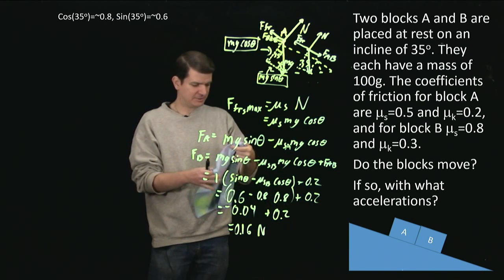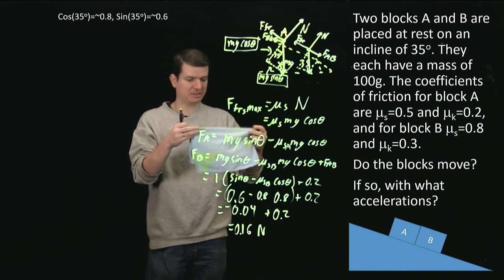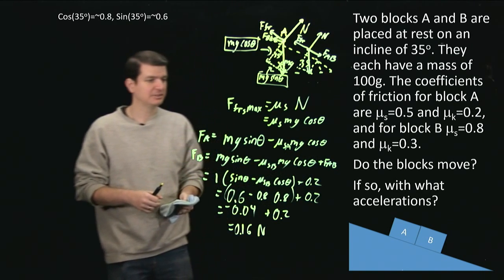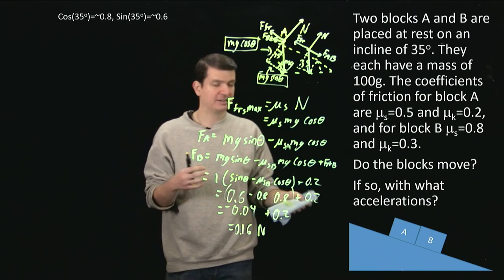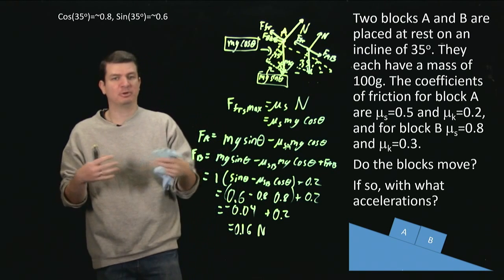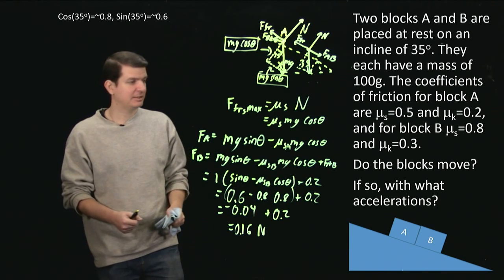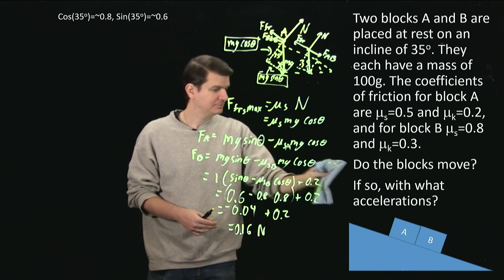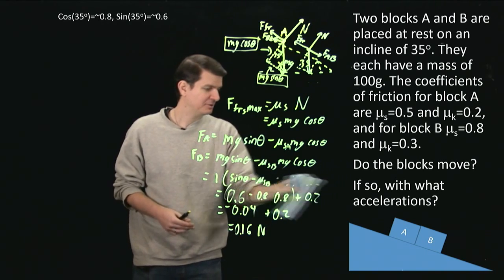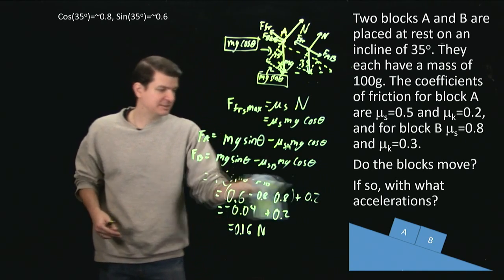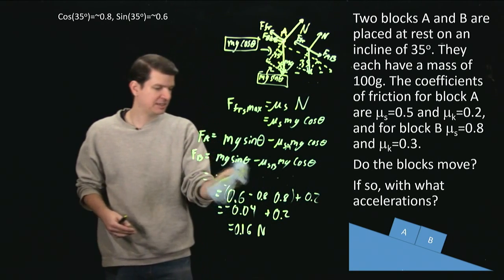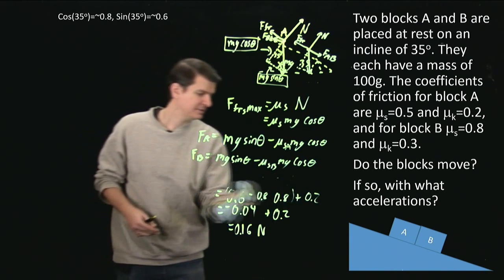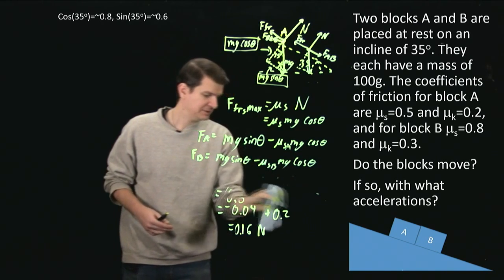So in order to ask what's happening, again, we're going to start off by saying, let's pretend that the blocks are acting independently. Let's find out what they want to slide with, and then we'll adjust if necessary. So acting alone, the forces are those equations there, except we need to change all our static coefficients of friction into kinetic ones.